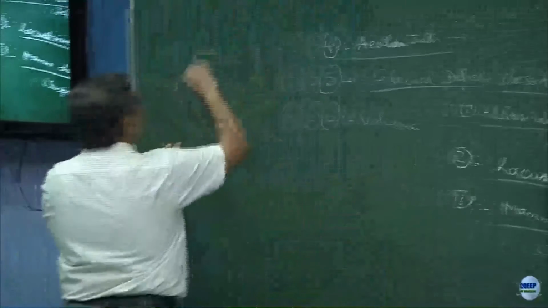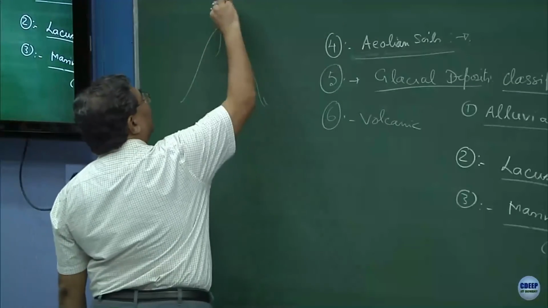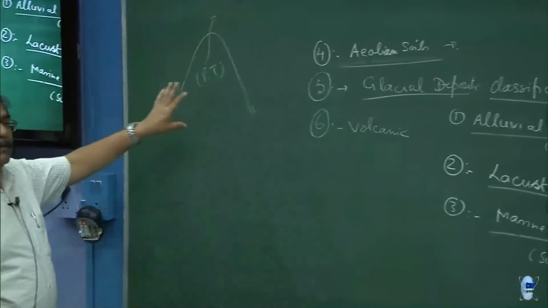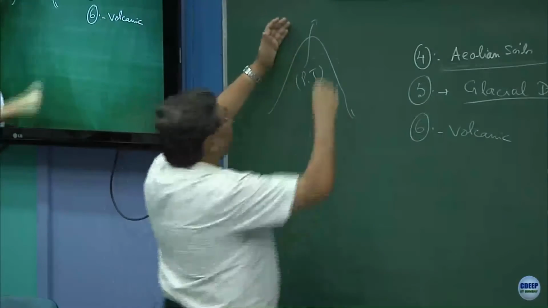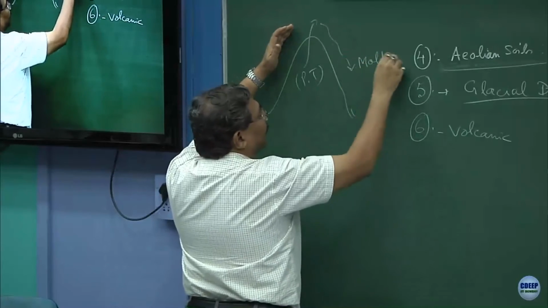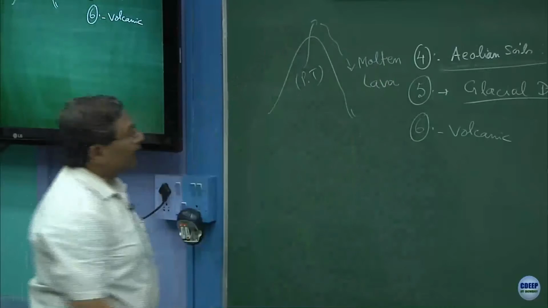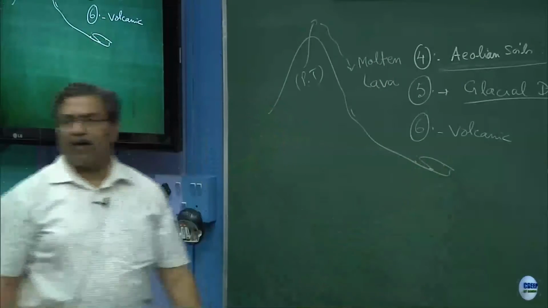From a volcano, when it erupts, what is going to happen? Under very high pressure and temperature, the rocks get molten. This thing starts flowing. So, this is your molten lava.